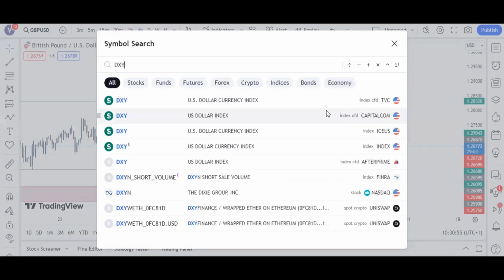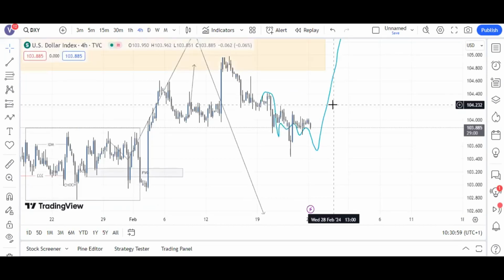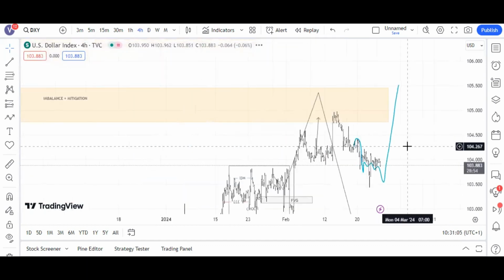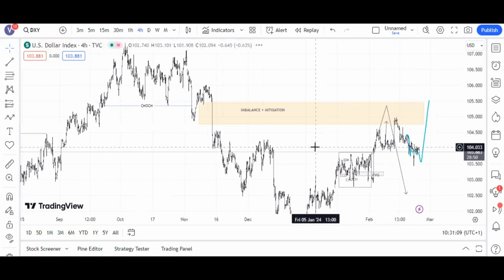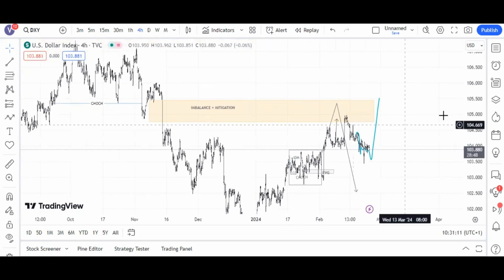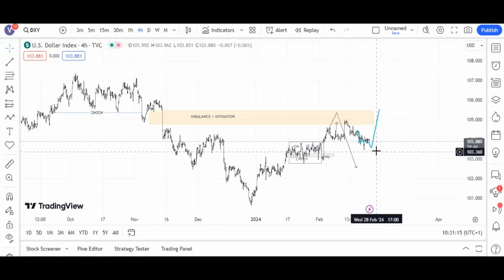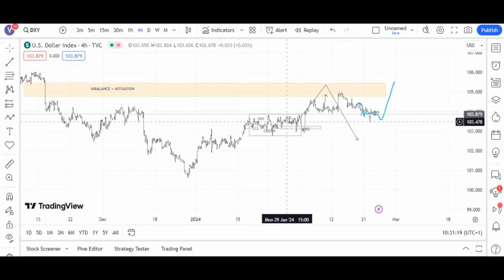In the dollar index, this is what I said I was expecting the dollar to do, right? Now it all started from here. I was forecasting this.